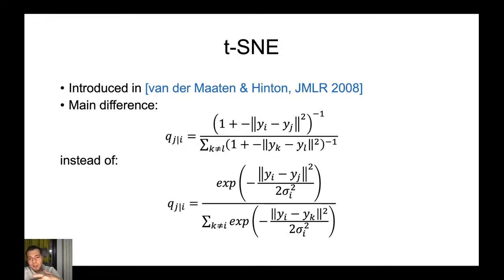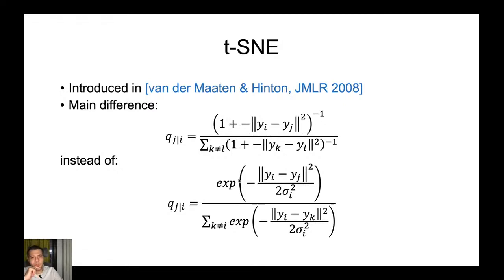So what this means is we replace this old distribution, which is the Gaussian distribution of q_ij, the probability density of the embeddings, with this new density that is computed as follows.